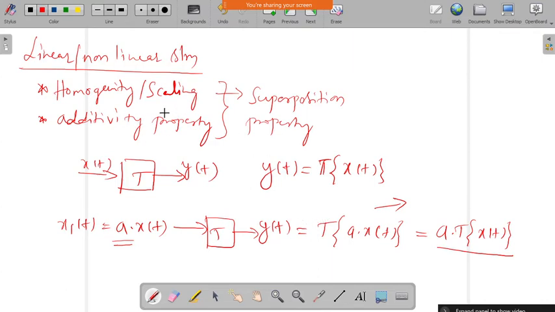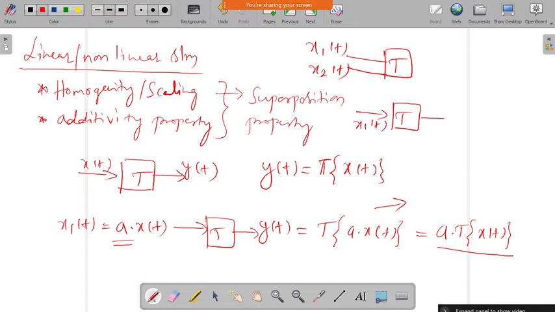Similarly, for the additivity property, let us give two signals to the system, x1 of t and x2 of t. Individually, if I give x1 of t, the corresponding output is y1 of t, and if I give x2 of t, the corresponding output is y2 of t.